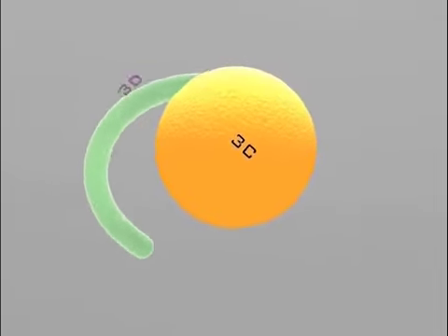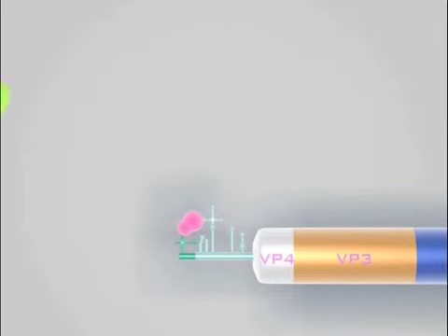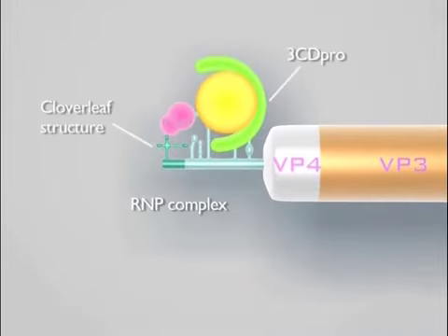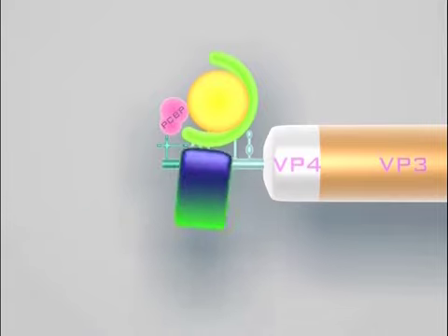The viral protein 3CD-Pro is a critical component of the ribonucleoprotein complex which forms on the cloverleaf structure at the 5' end of the viral RNA. Binding of 3CD-Pro at this site displaces the PCBP bound to the IRES, thus preventing further initiation of translation of viral proteins.